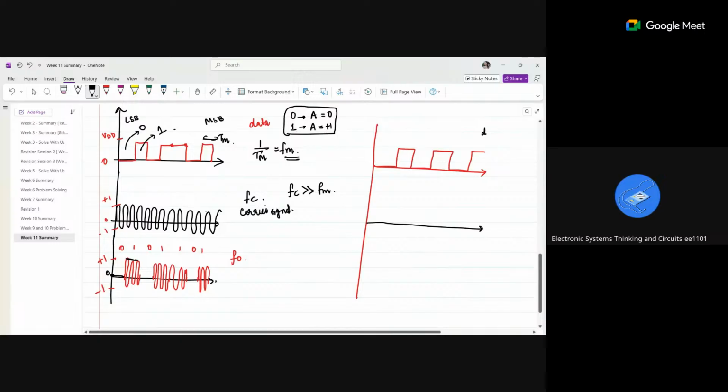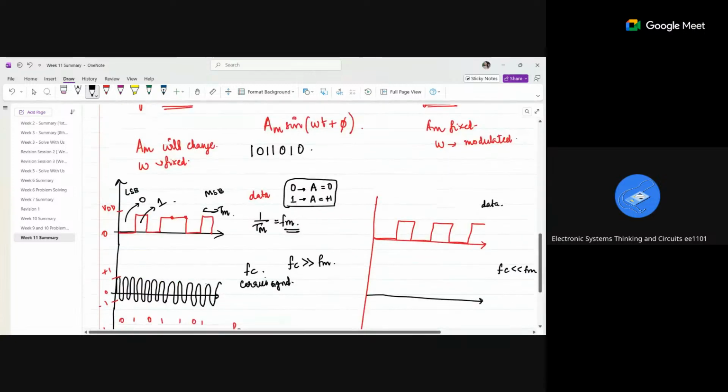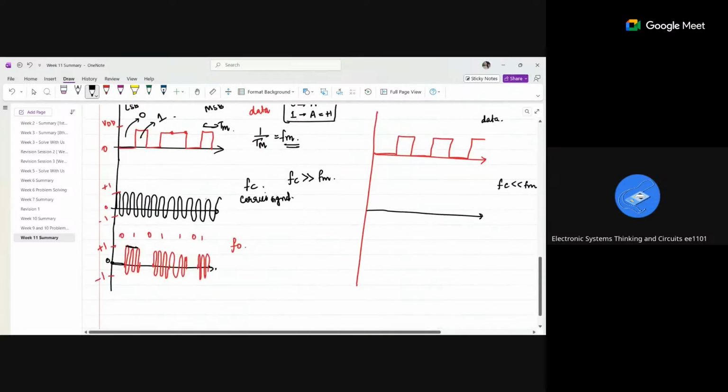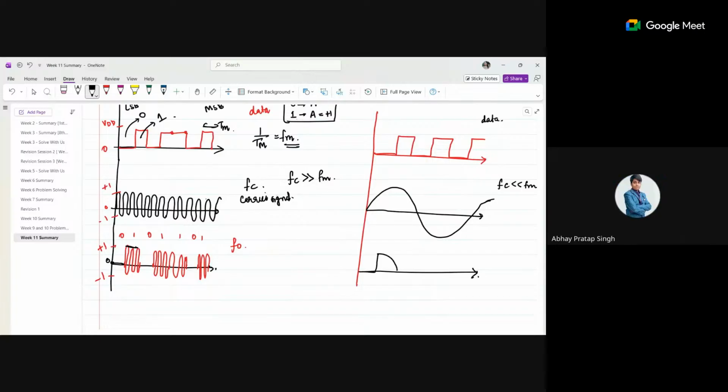Now for the same data, what if my Fc is very much less than Fm? That means this wave has a very large time period. Then in my output, how will it be? There will be some loss.